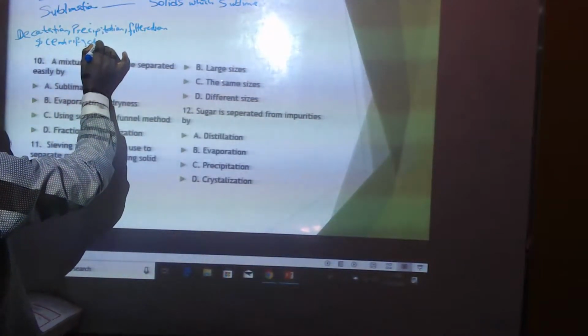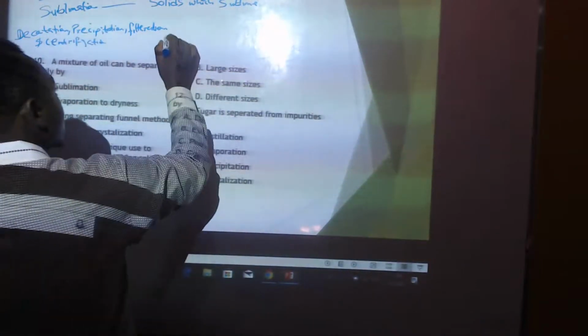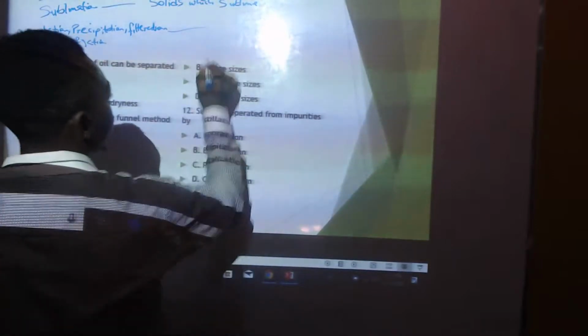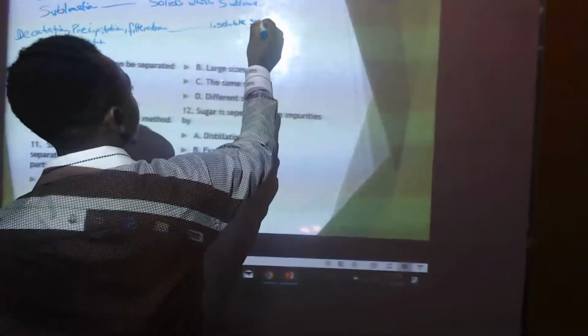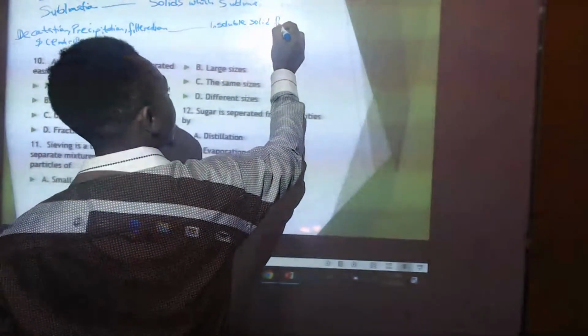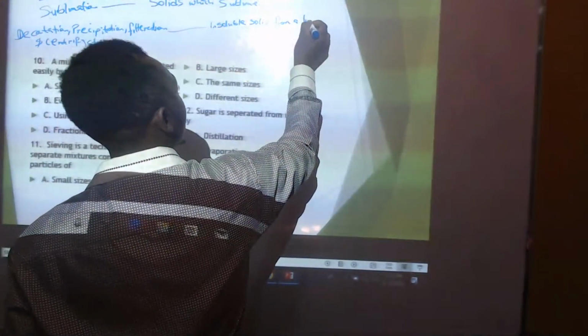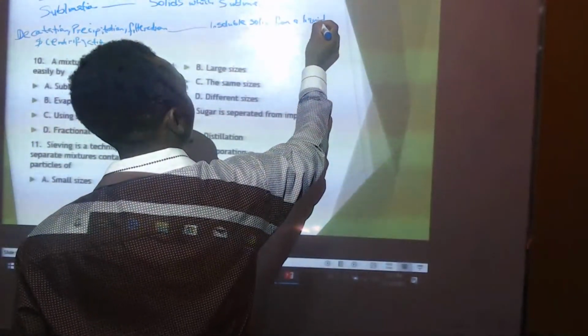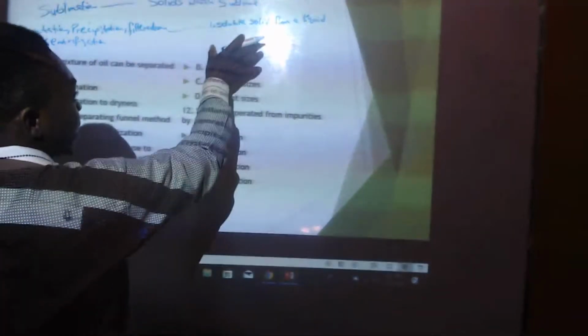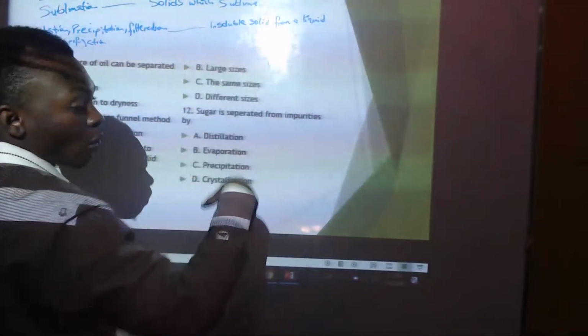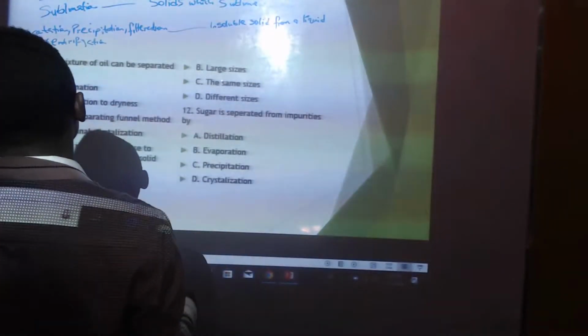All of them are used to separate insoluble solid from a liquid. I told you when you talk of insoluble solid, talk of solid particles that cannot dissolve inside the liquid.